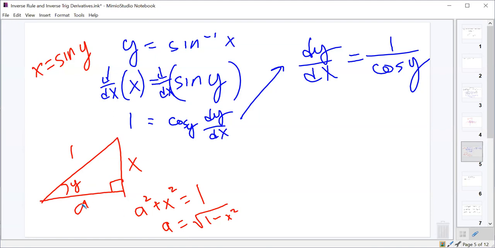And a is part of cosine y, right? Cosine y is a over 1. So this should become 1 over root 1 minus x squared. Everybody good with that?